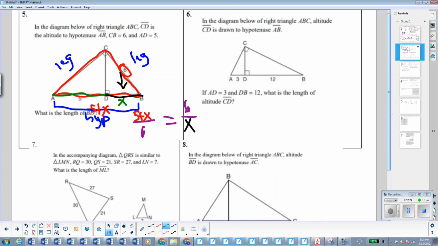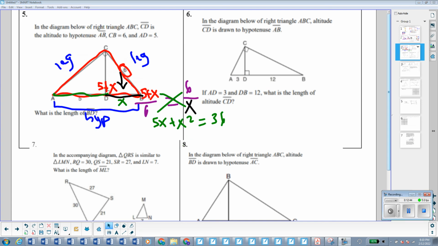From here, all we need to do is cross multiply. So we have 5x plus x squared is equal to 36. In order to solve, I don't want this to get confusing, so let me move my work over. There we go, a little bit more space.